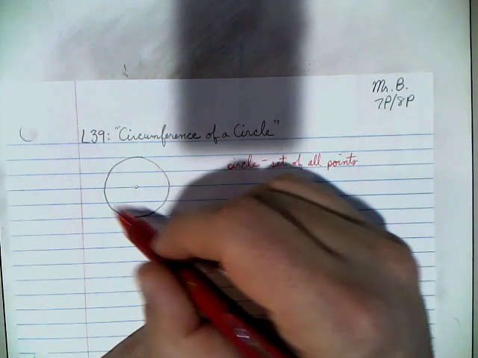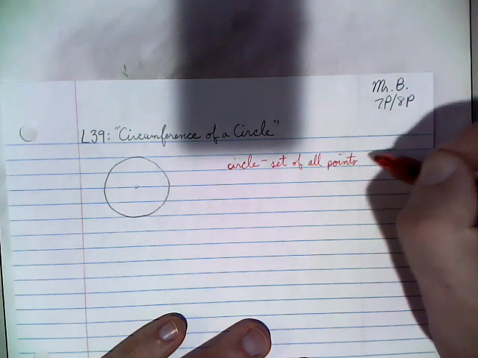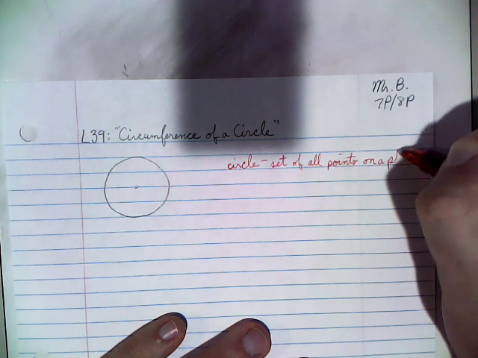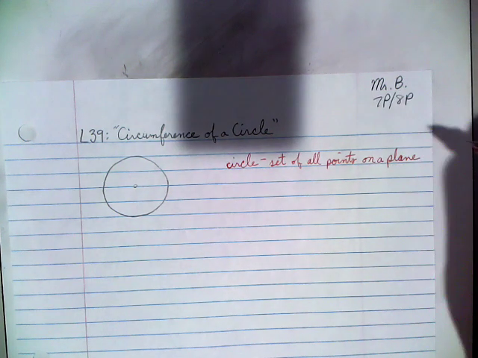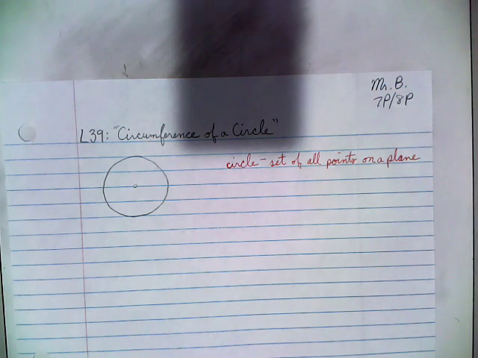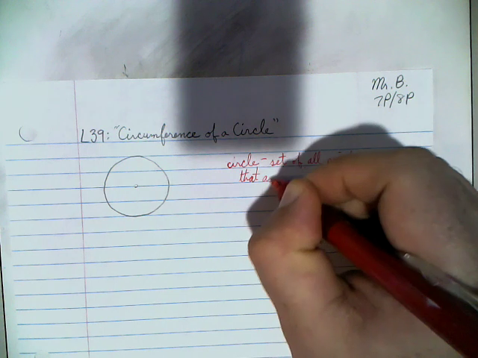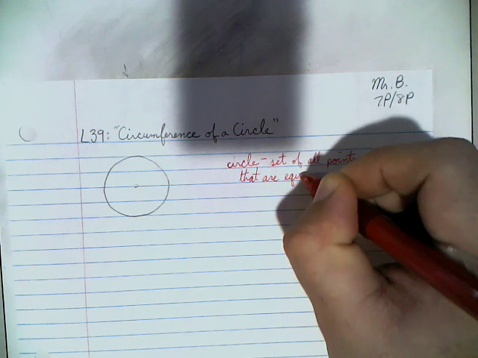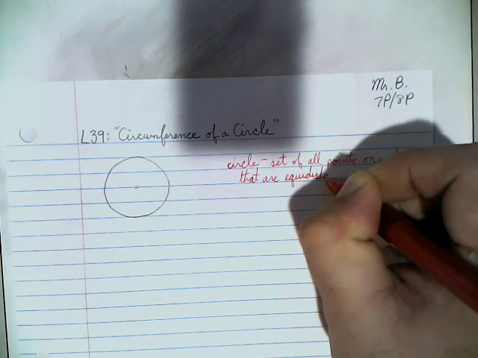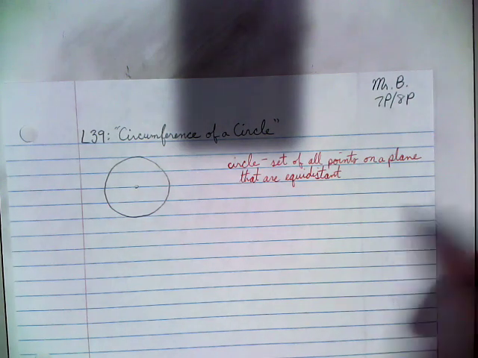So every point on here, it's just a collection of points on a plane. And to say on a plane just means that it's flat. That are equidistant. And equidistant means exactly what it sounds like.